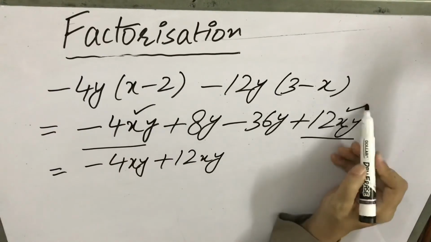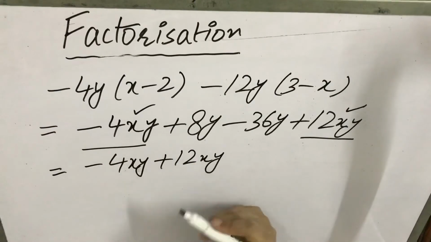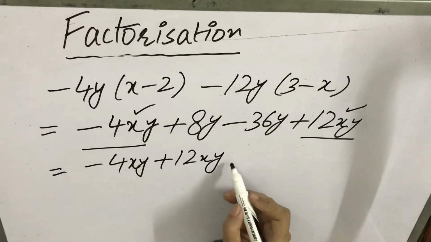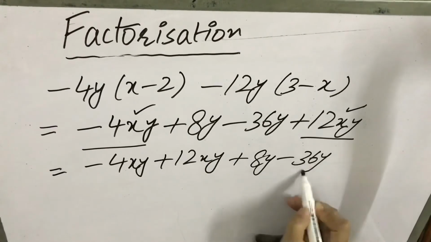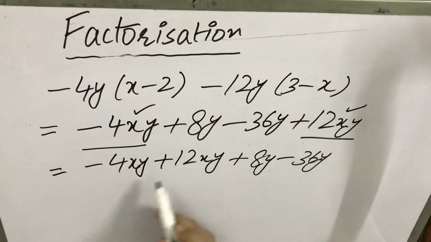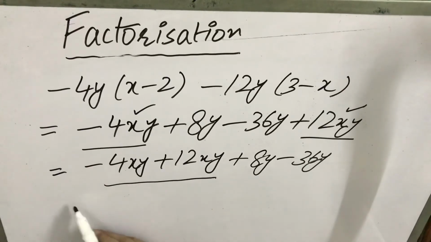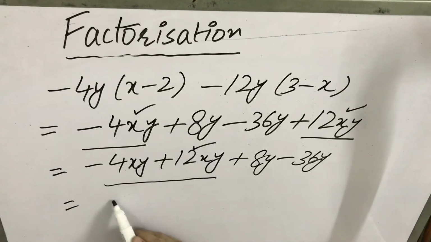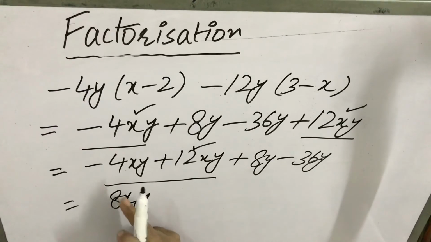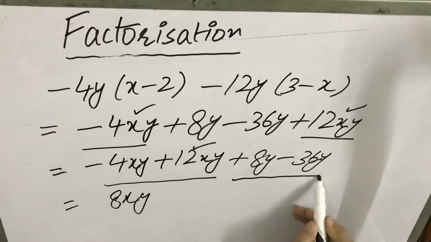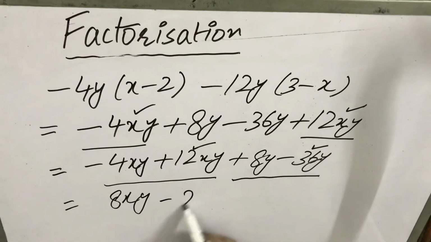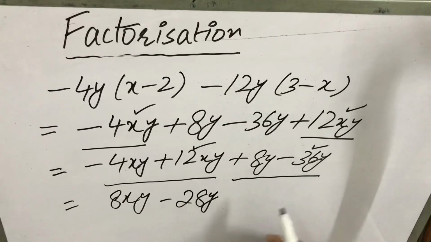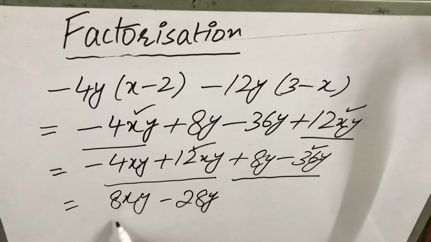Both have the same variables, like terms x and y, and these two have only y. Minus 4 plus 12, opposite sign, you will subtract, bigger is 12, so you have 8xy, and along with opposite signs, 36 is bigger, you have minus 28y. 28 plus 8 is 36. y is common.